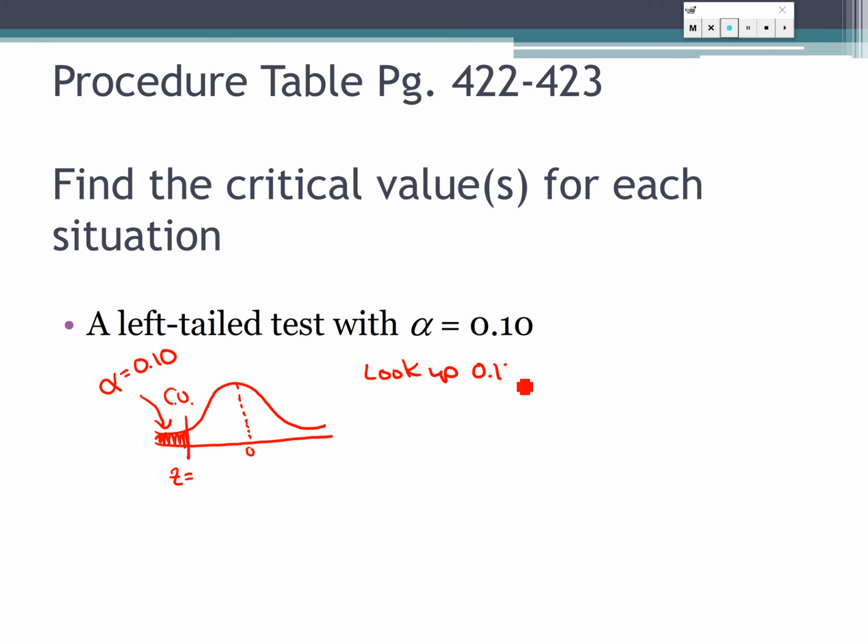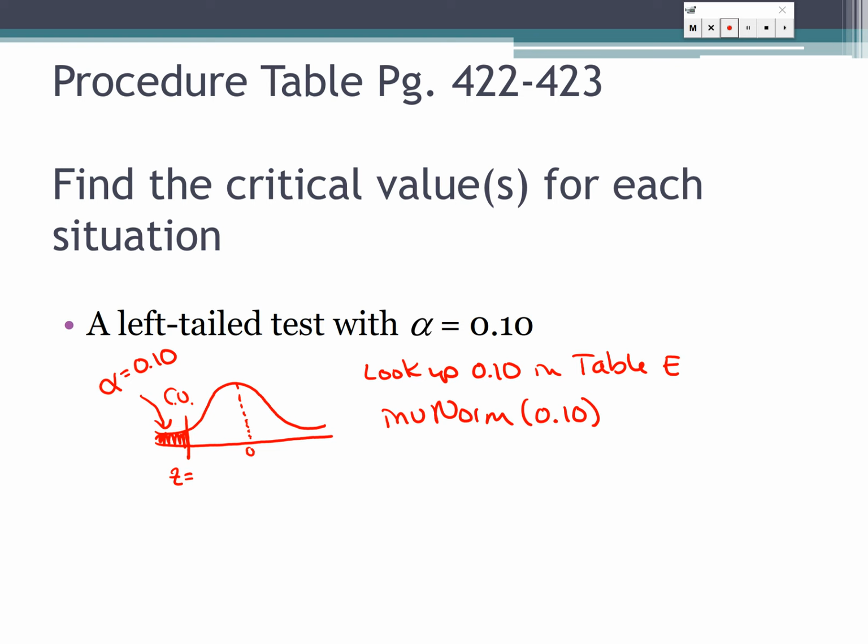Look up our 0.1 in table E, or on the calculator. I know more and more of you were picking up the calculator. But again, either way, whether you're a table person or calculator person, you have to know the area to the left of your z-value you're trying to find.